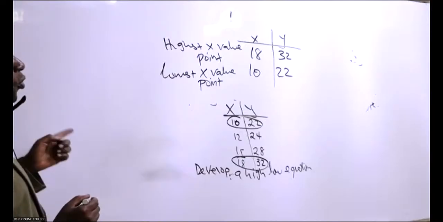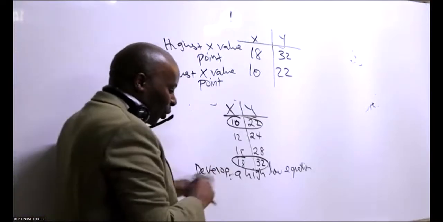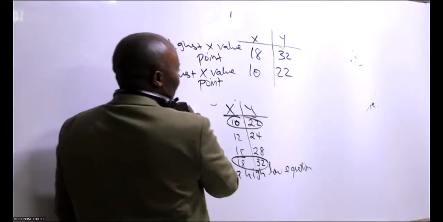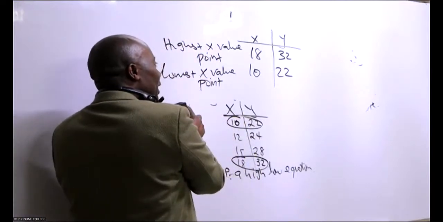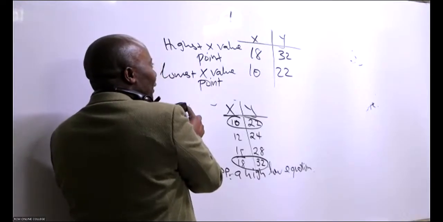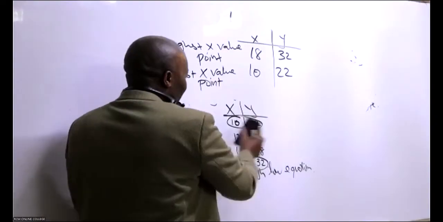The other way of knowing is to participate. You give us answers, and so long as you're talking to me all the time, you'll be able to pick this very easily. So now you've selected the two levels of activities needed: the lowest X value point and the highest X value point. Only 2 points, you leave out the others.